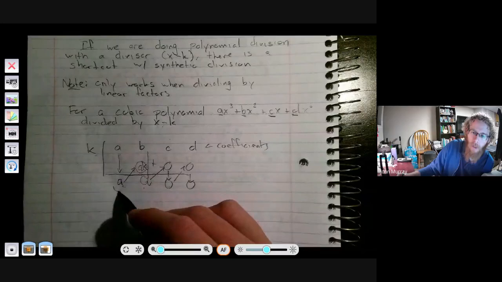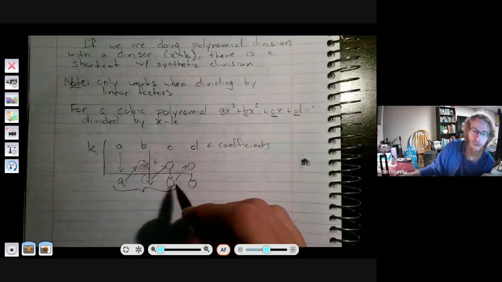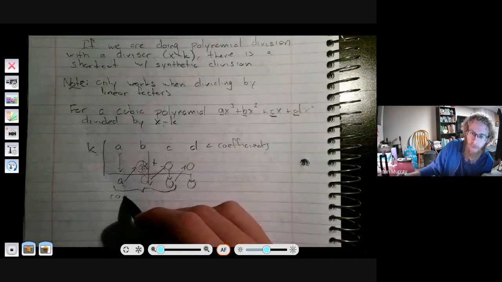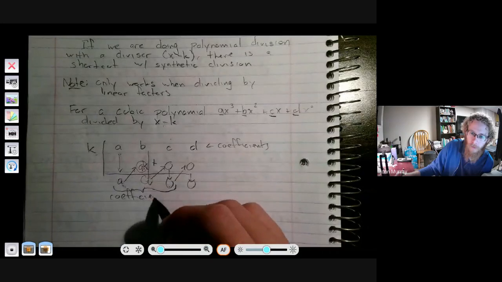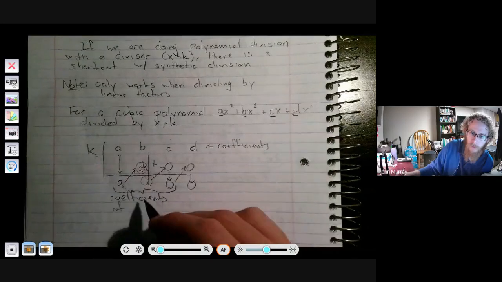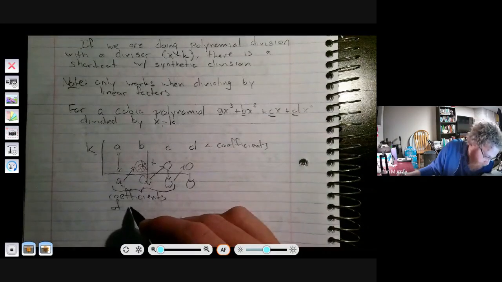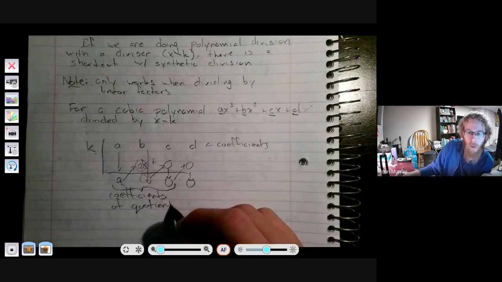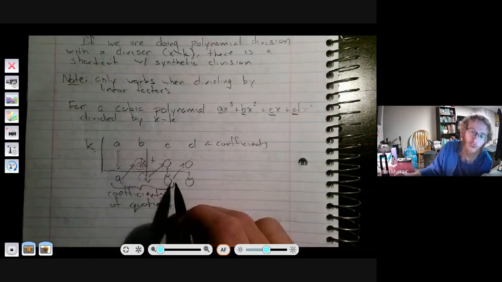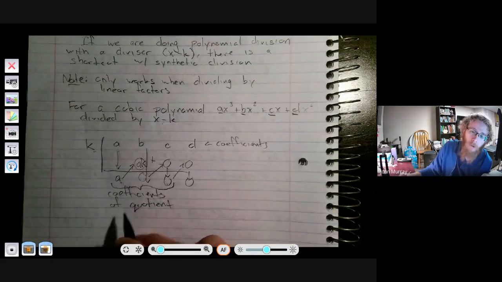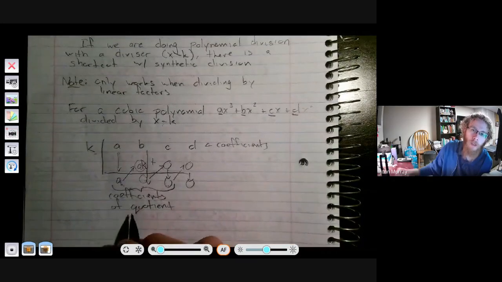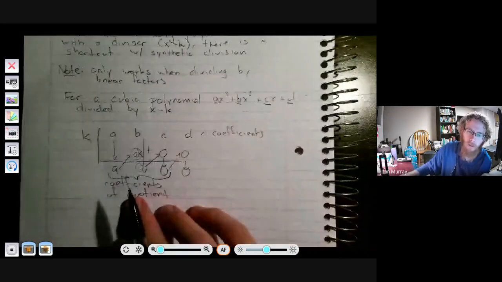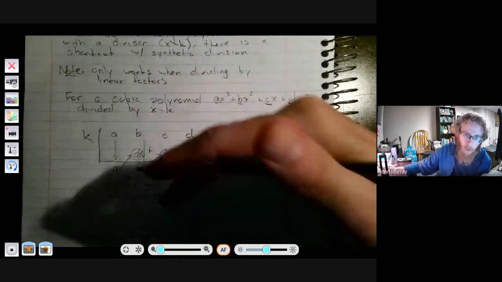Now what this gives us, these numbers here in the front, down here, the first numbers are going to give you the coefficients of your new equation. The next polynomial would be your answer.